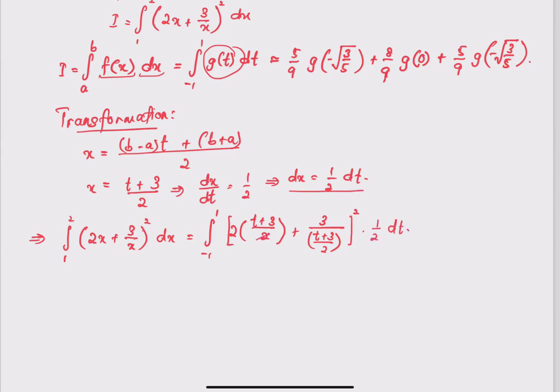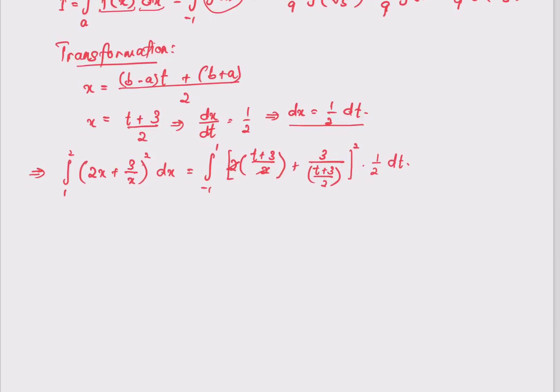The 2 and 2 here you can cancel, and this is equal to the integral from -1 to 1 of half multiplied by (3 + t + 3) over ((t + 3)/2) squared dt.